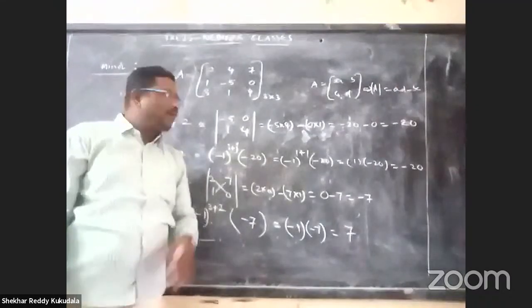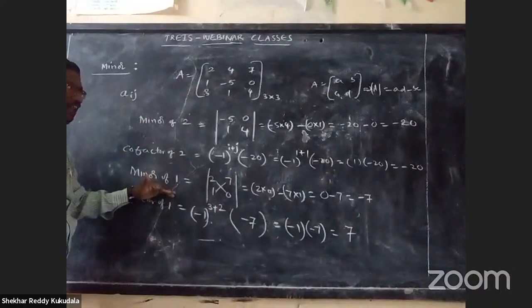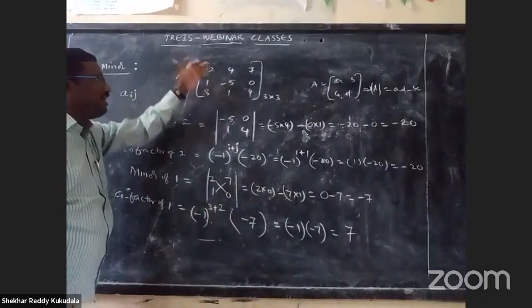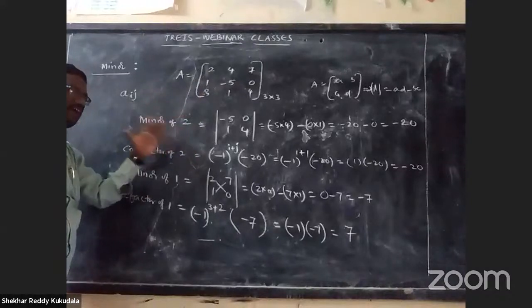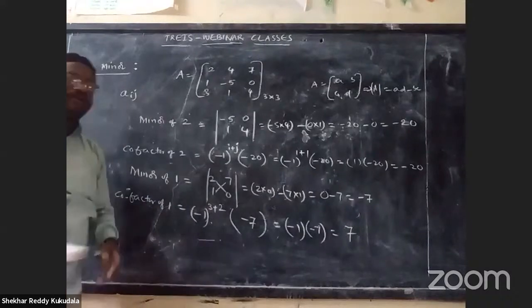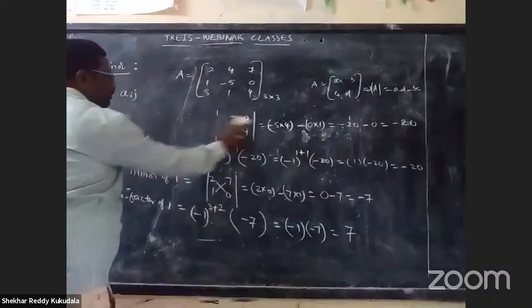Okay, now I hope the minor concept and cofactor concept is clear. Out of 9 elements, for only 2 elements, this element and this element, I have calculated the minor and the cofactor. Same way, we can find out the minor and cofactor for every element of this matrix.